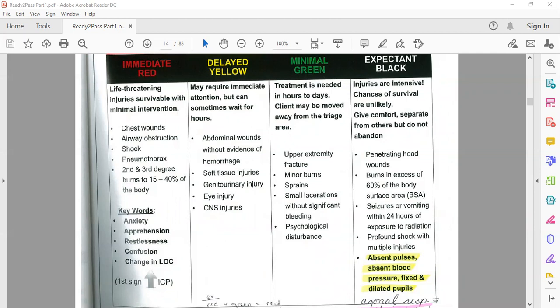Let me recap. If I ask you how you respond in the field in an outside disaster, we have to give treatment first to those who have a minimum injury.